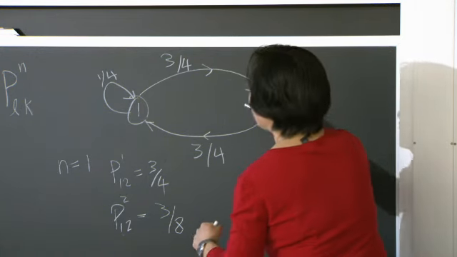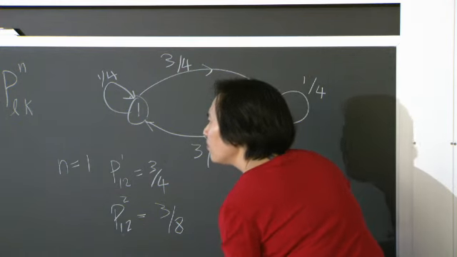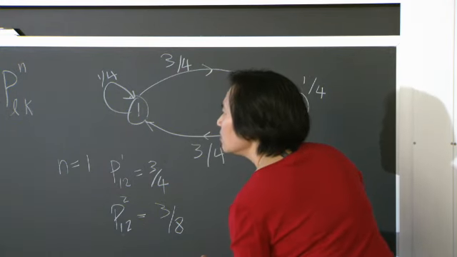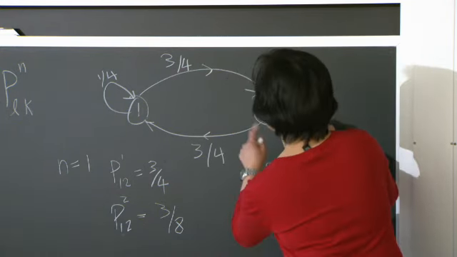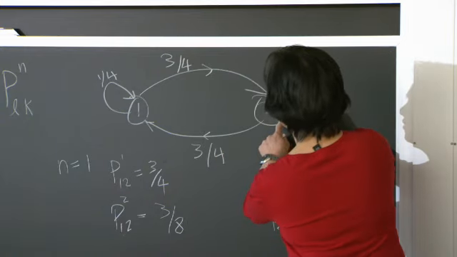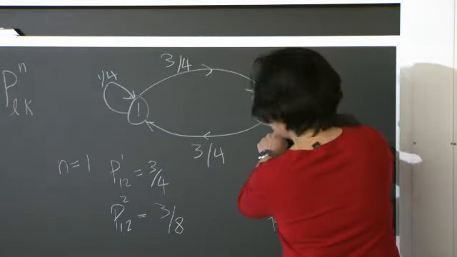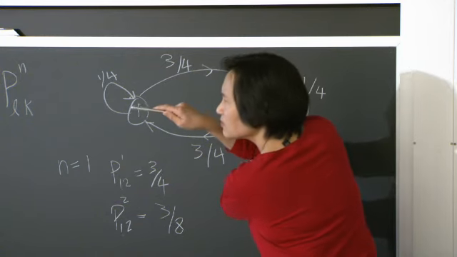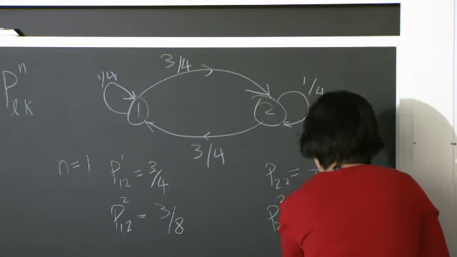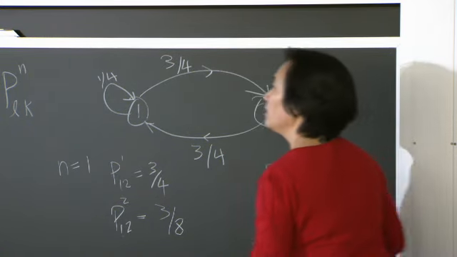You have to go from 3/4 to 3/4, so that's 9/16. But the thing is, I can also stay here by 1/4 times 1/4. So that gives me 5/8, and so forth.